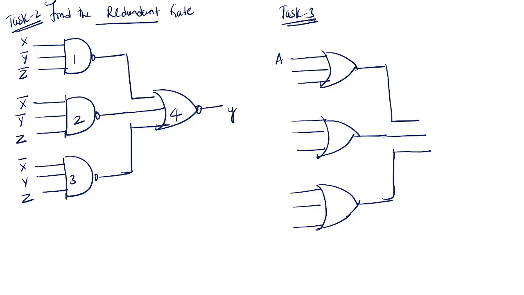A, B bar, C; A, B, C; and A bar, B bar, C bar; A bar, B bar, C bar. Find the redundant gate.